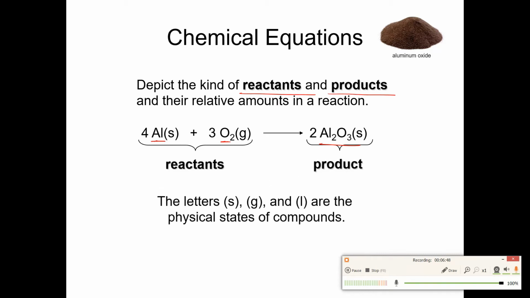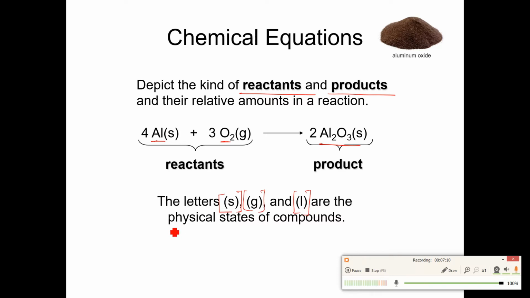In any chemical equation, we generally use letter symbols like S, G, and L. There are several other symbols also, which we will talk about in upcoming topics. S represents solids, G represents gas, and L represents liquids.